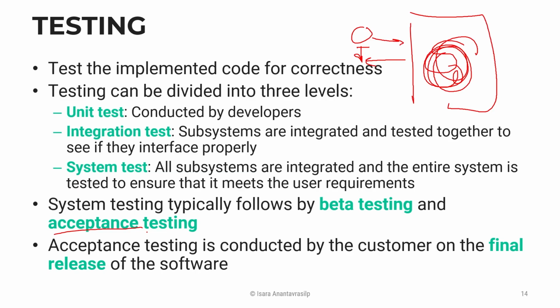Would he pay for your work? Because after the acceptance testing, the user, the customer, or your product owner accepts the project. All right, and then after the customer accepts the project, you can release the software to the public or to the end user. Okay, and usually after this step, you get paid.